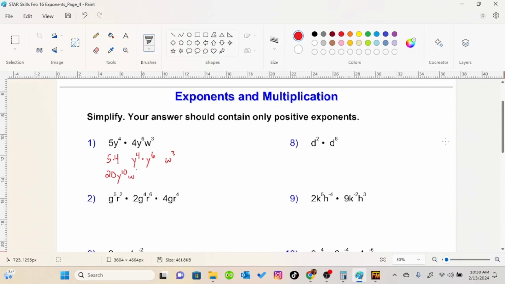And then we just have w to the third. So our final answer is 20 times y to the 10th times w to the third.